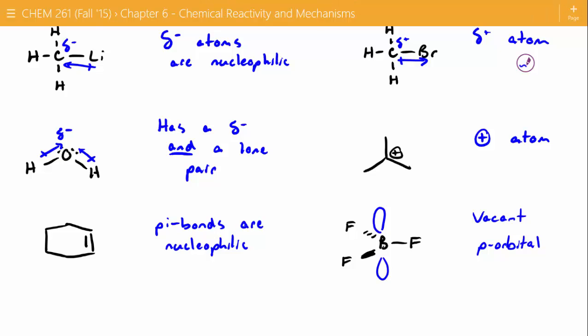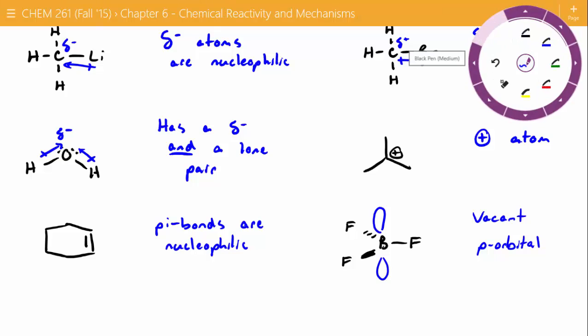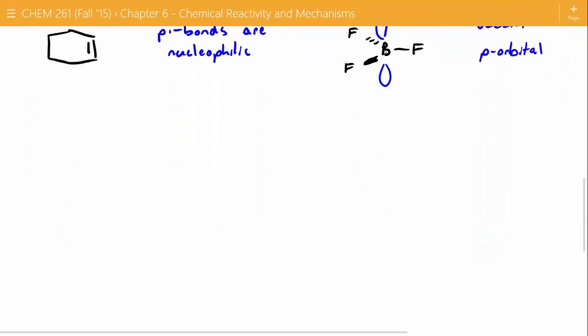You'll see nucleophiles and electrophiles nonstop for almost every single reaction. But what we are going to do is practice a little bit. So I've got an example problem. And I abbreviate nucleophile as NU, and I abbreviate the electrophile as E+.